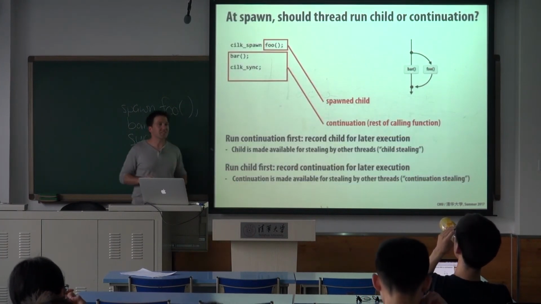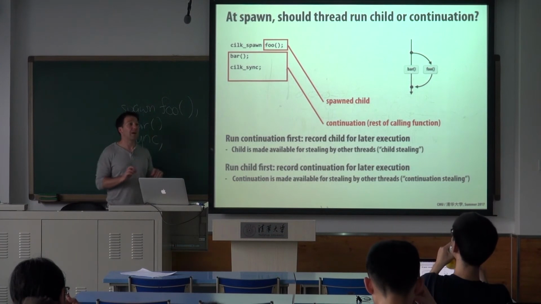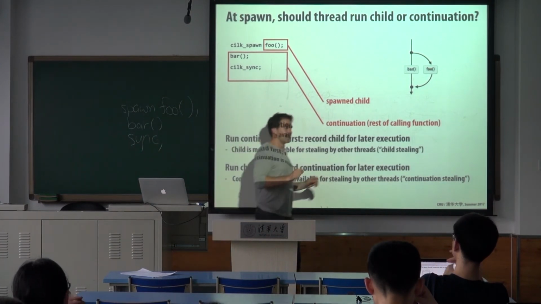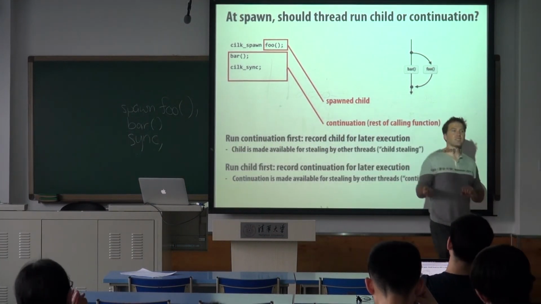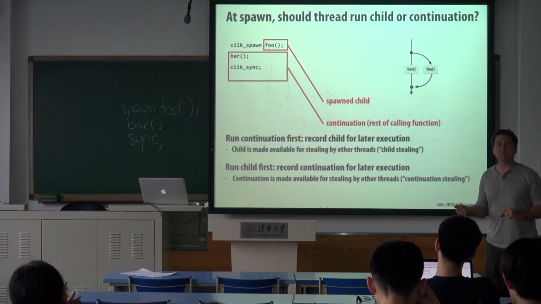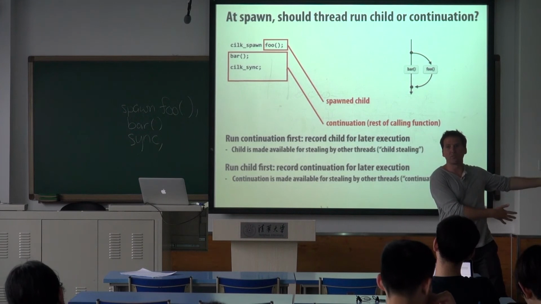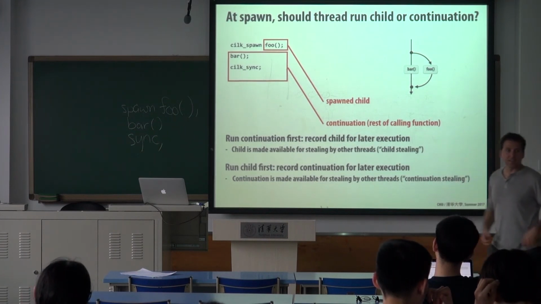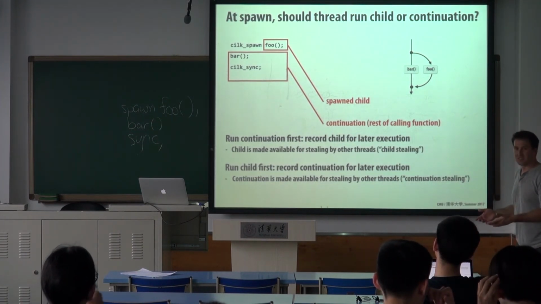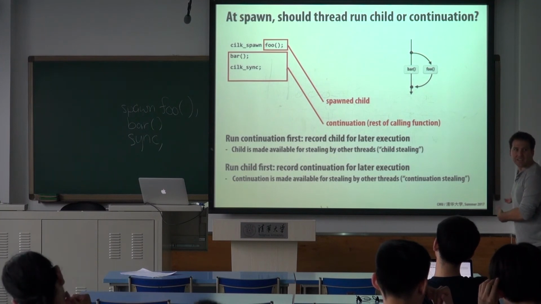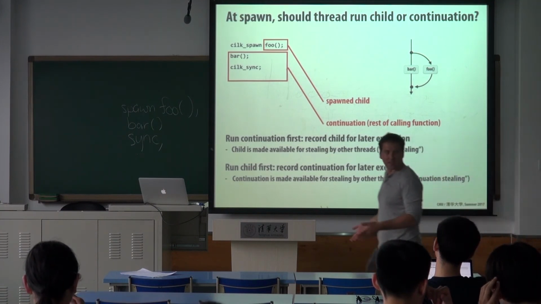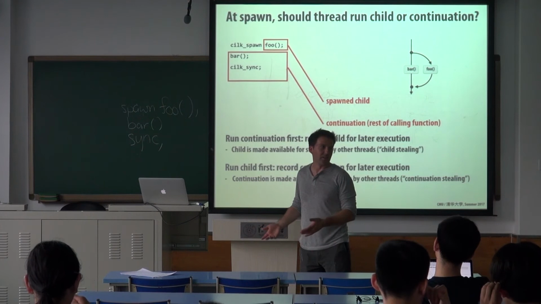Now, there was a decision to make which was kind of interesting. The way I just explained it, Yan got to the spawn, and he made the decision to start working on foo and put bar aside. He could have also decided to put foo aside and just keep working the way on the current thread.